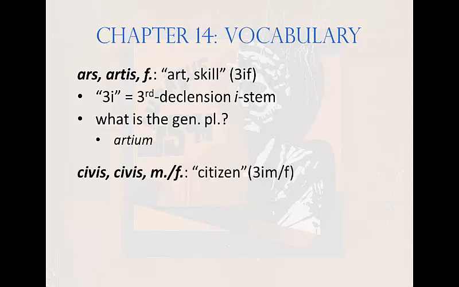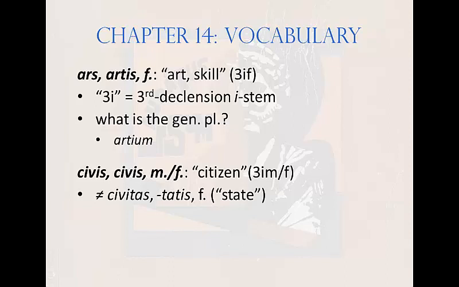The next word is civis, masculine or feminine. It means citizen, and it's also third declension I stem. Be careful not to confuse this word with the word we've already had, civitatis, which means state.